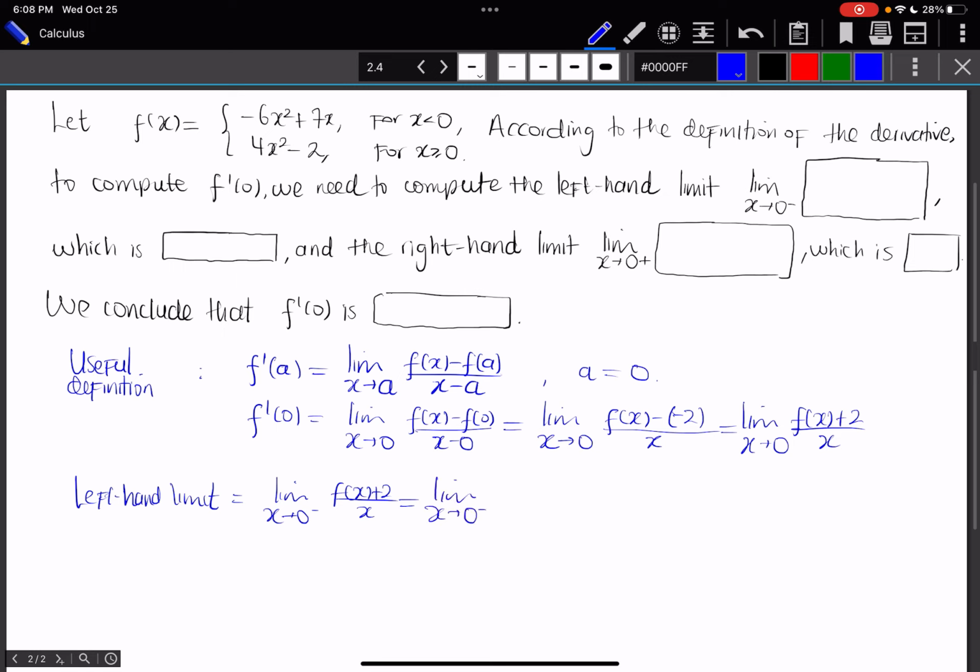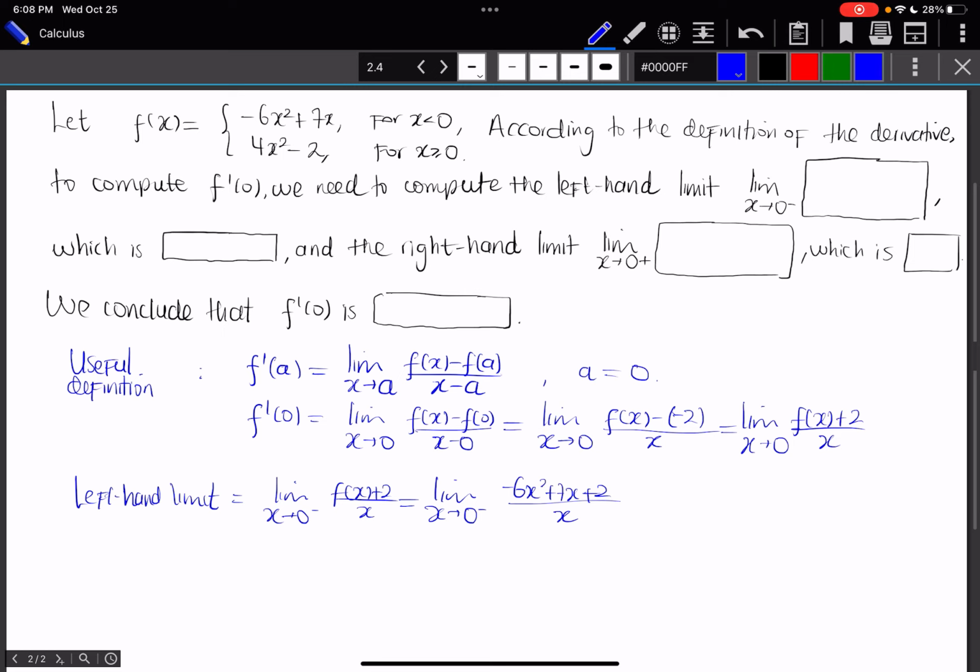Now x approaches 0 from the left, so x is negative. So f of x is minus 6x squared plus 7x. So we write minus 6x squared plus 7x, and then plus 2 divided by x. That's the left-hand limit.